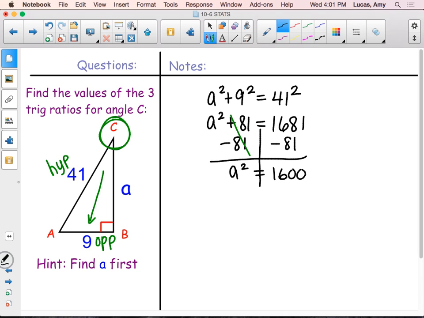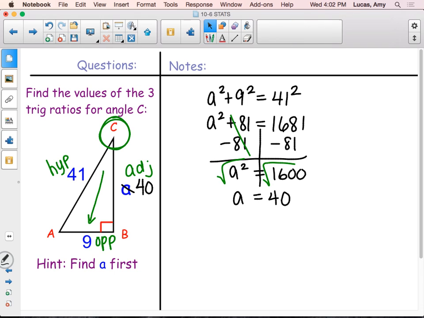And then I would have to take the square root on both sides. The square root of 1,600 is 40. So A equals 40. So that means that my adjacent side, because that's the side that is next to the C, that's not the hypotenuse, so my adjacent side is 40.